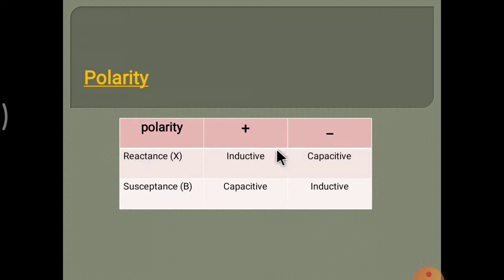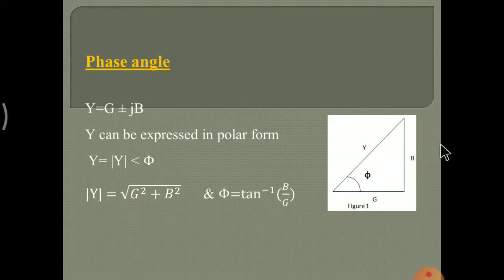The polarity of susceptance is the reverse of reactance. So when a positive sign is there, then there is a capacitive susceptance, and if there is a negative sign, there is an inductive susceptance. This is the polarity for reactance and susceptance.